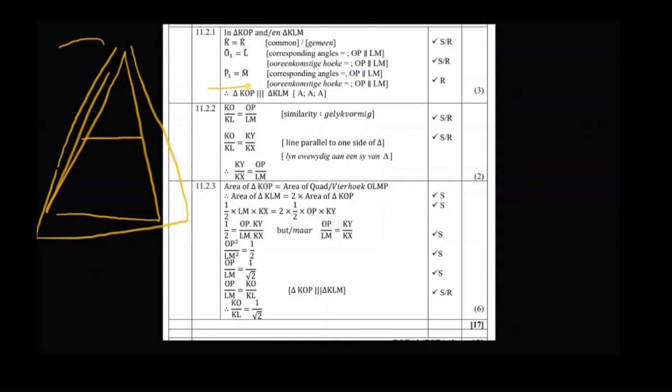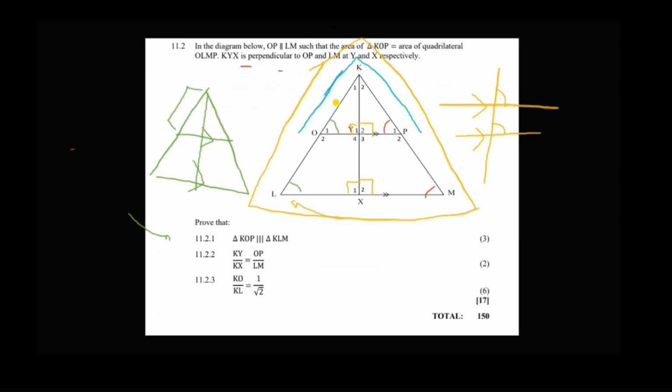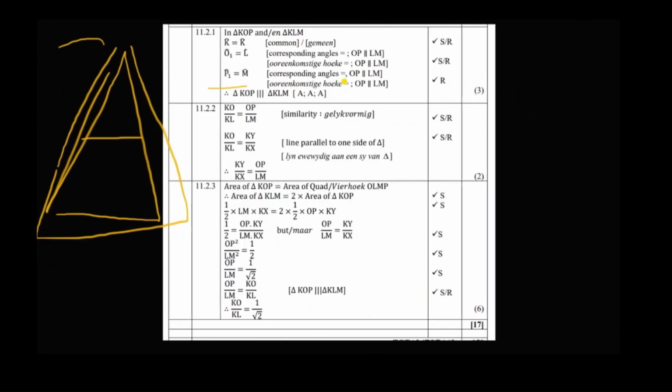If there is an actual rule connecting them that allows them to be equal, then yes, you can write it down. But I already stated that P1 is equal to M because of corresponding angles, and then you have to state the two lines that are parallel to each other that validate our answer.